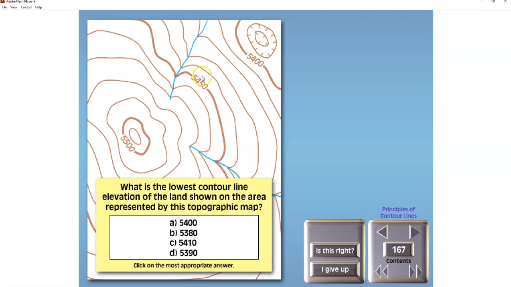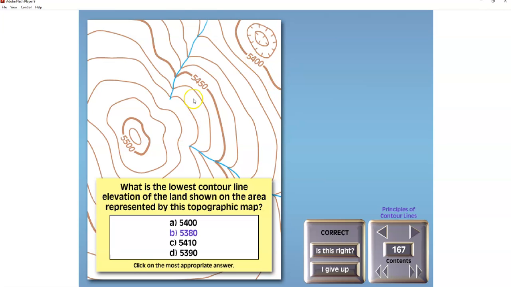So if this is 5,450, let's say this is 5,440, 5,430, 5,420, 5,410, 5,400, this would be 5,390. So let's try that. Oh, it's not. 5,380. Okay. Oh, sorry.